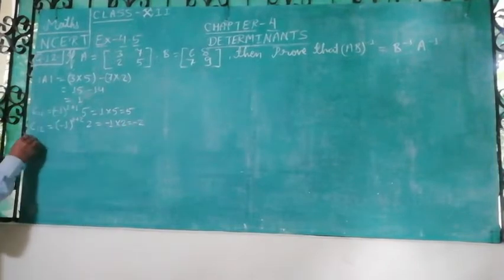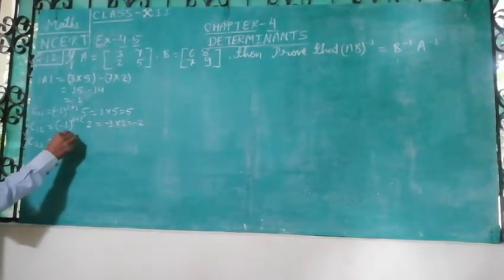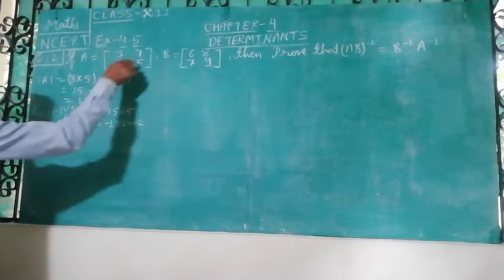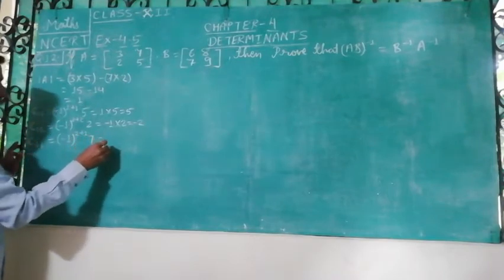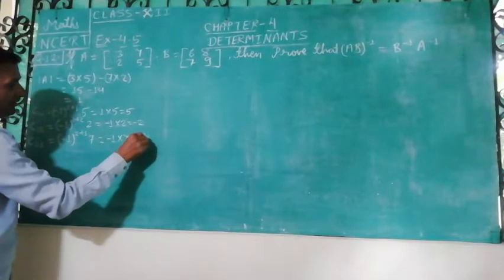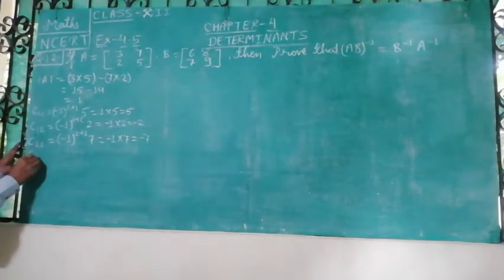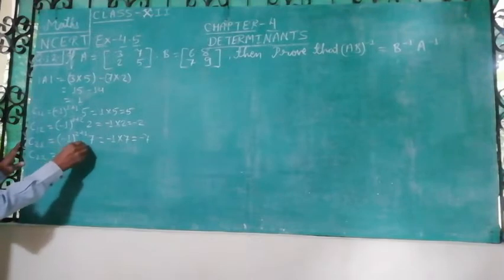Now C21 is equal to minus 1 raised to the power 2 plus 1, and then second row, first column will be eliminated, 7 is the element remaining. Now minus 1 into 7 will be equal to minus 7. Now C22 means second row and second column will be eliminated, minus 1 raised to the power 2 plus 2.